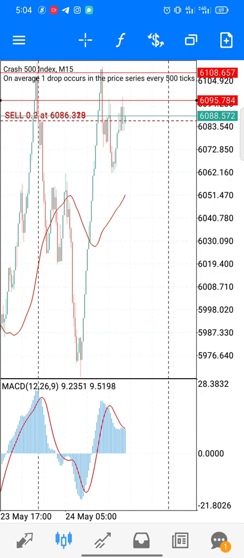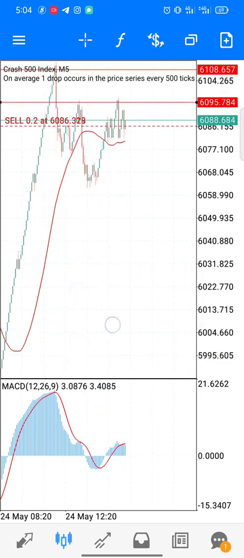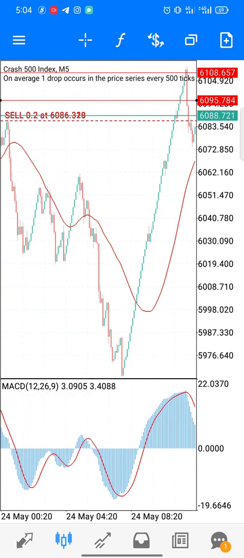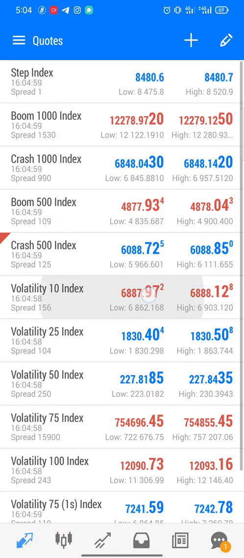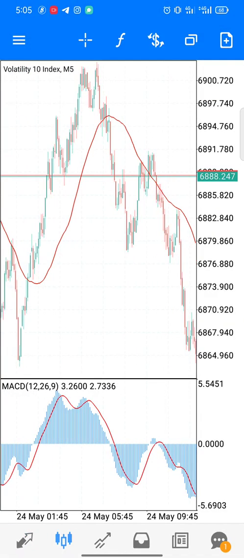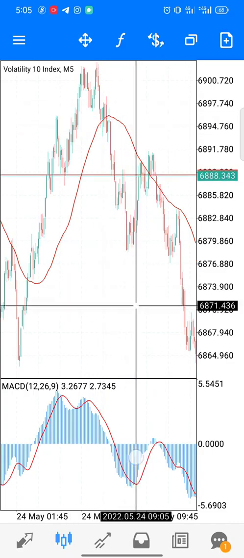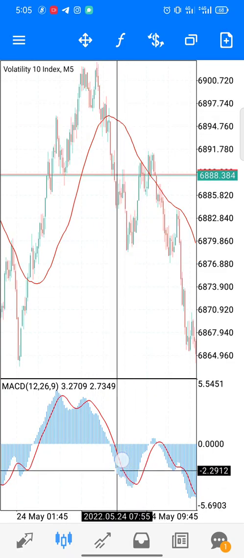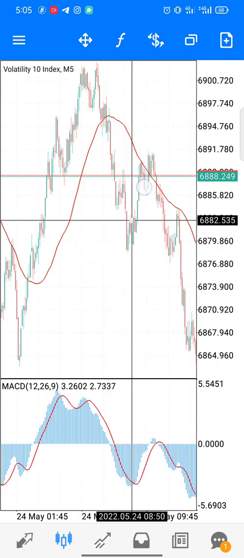So guys, the major point is that a lot of you might not be able to analyze the market like this. Just simply use the indicator, and then find time to start learning price action. It will really help you. You can see it's working, most especially for Step Index and Volatility Indices, whereby you just wait for it to cross above, and then the MACD is below the zero level.